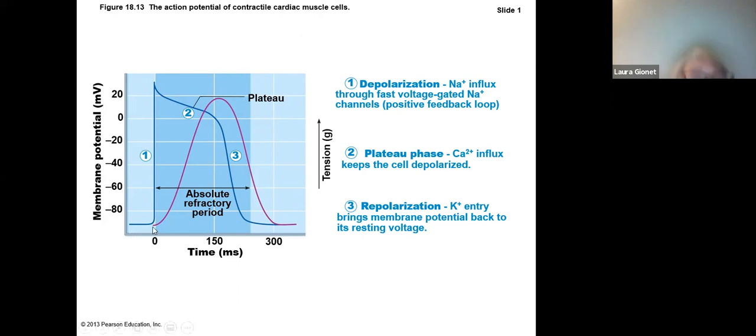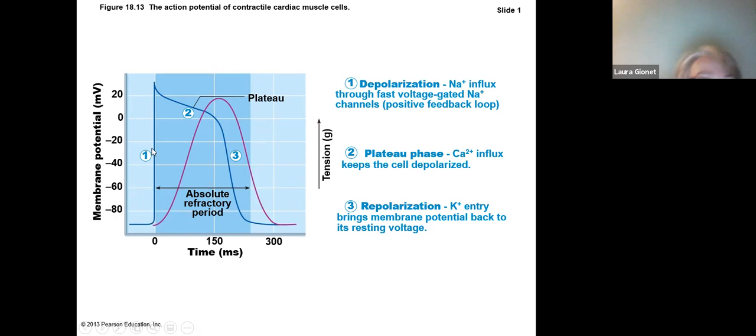So when we have a stimulus to contract, remember, we have sodium gates that open first. Sodium enters the cell. It causes the interior of the cell to become more positive, and thus the potential becomes more positive. So here at time 0, this is where we have a stimulus to contract.